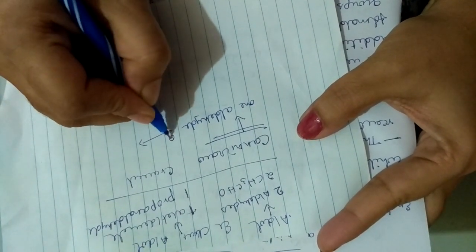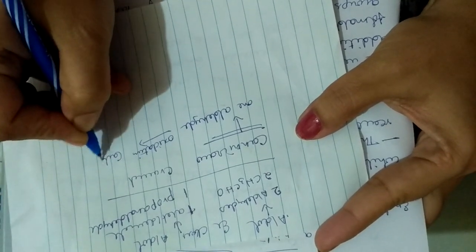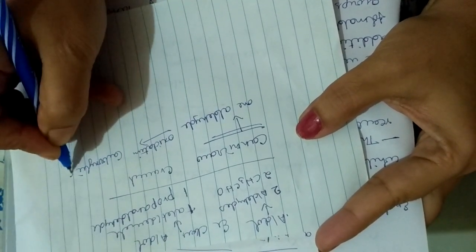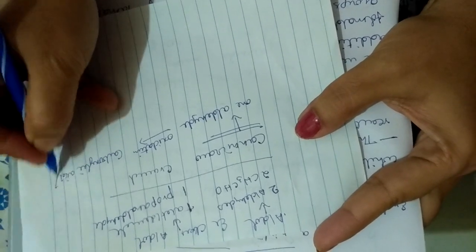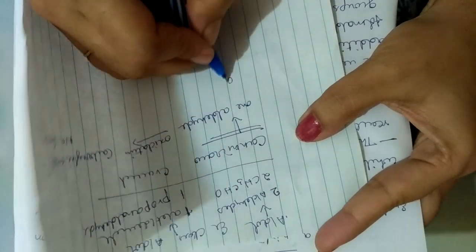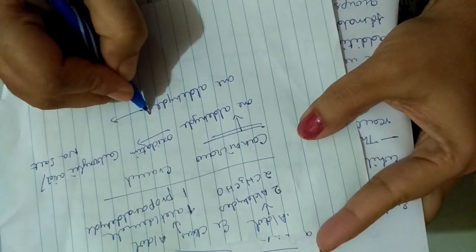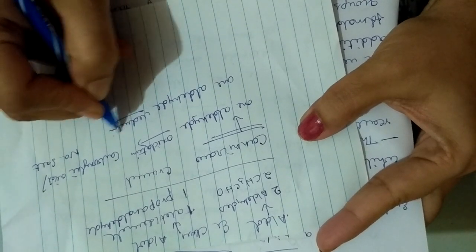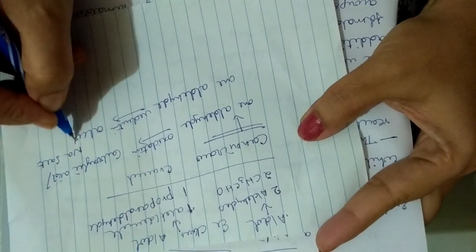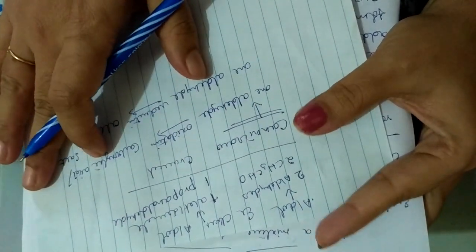The aldehyde which undergoes oxidation will automatically lead to the formation of a carboxylic acid, or it may be called the sodium salt of the carboxylic acid. The other aldehyde, which is undergoing reduction, will automatically be converted into alcohol, isn't it? Last class we saw what the Cannizzaro reaction is and its mechanism.